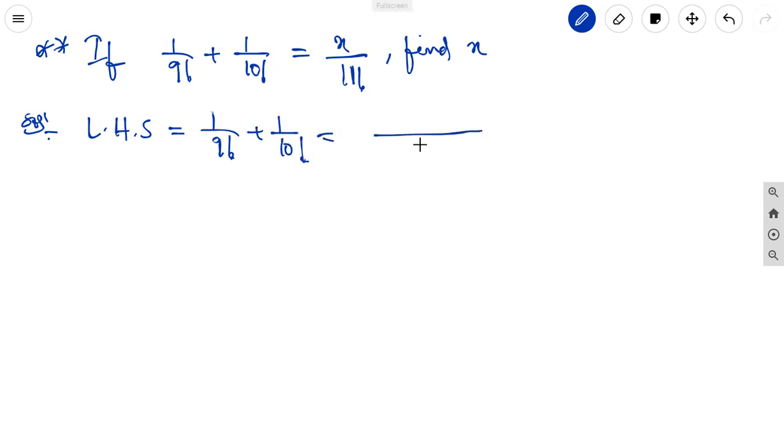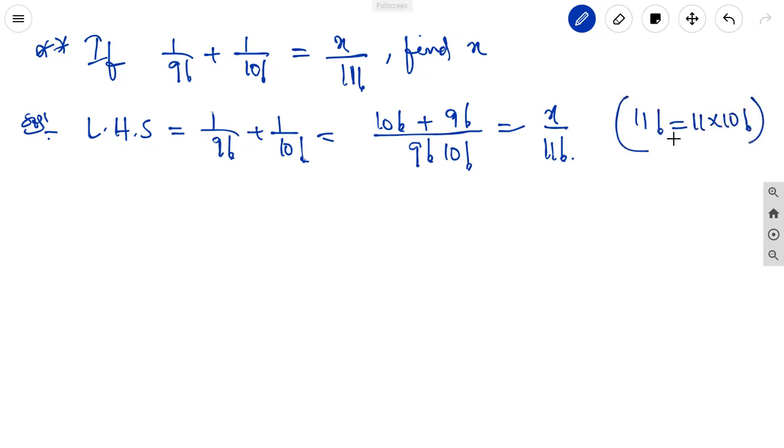Taking the LCM, 10 factorial is the LCM. Here we can write it as (10 factorial plus 9 factorial) and this is equal to x by 11 factorial. We know that 11 factorial can be written as 11 into 10 factorial on the right side.